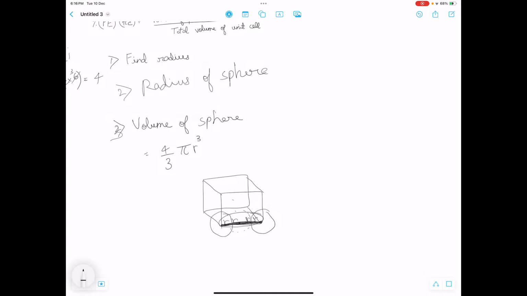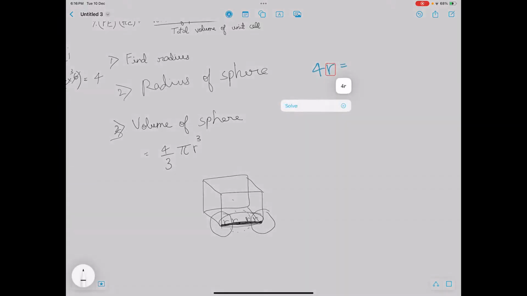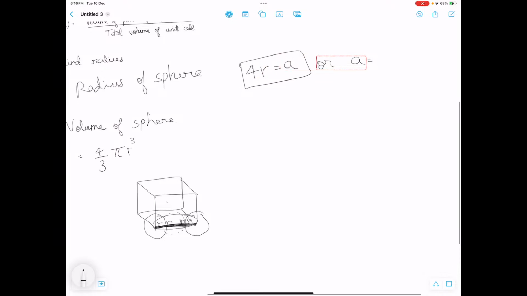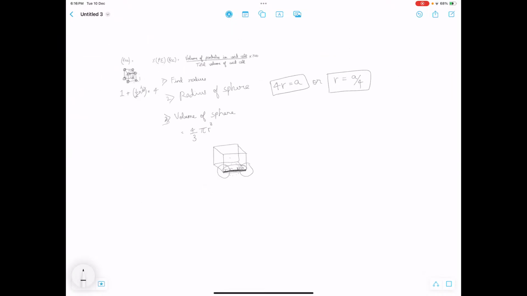Now we know that 4r is equal to a, or r is equal to a by 4. This is the actual relation for FCC.